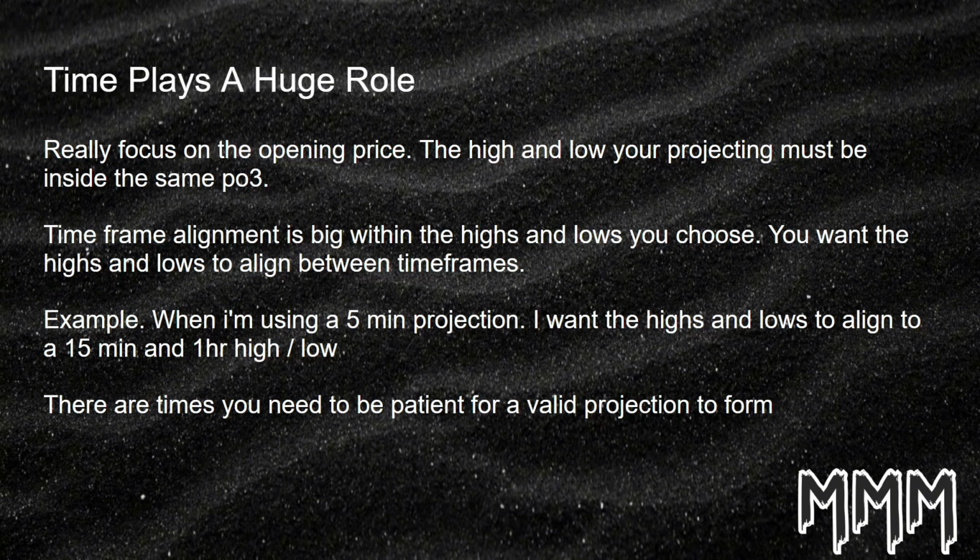I don't want to see where I'm keying the fib on the 5-minute be just like the middle of the candle on the 15-minute or the hourly candle. That does not look good. You want to have the time frame alignment there.